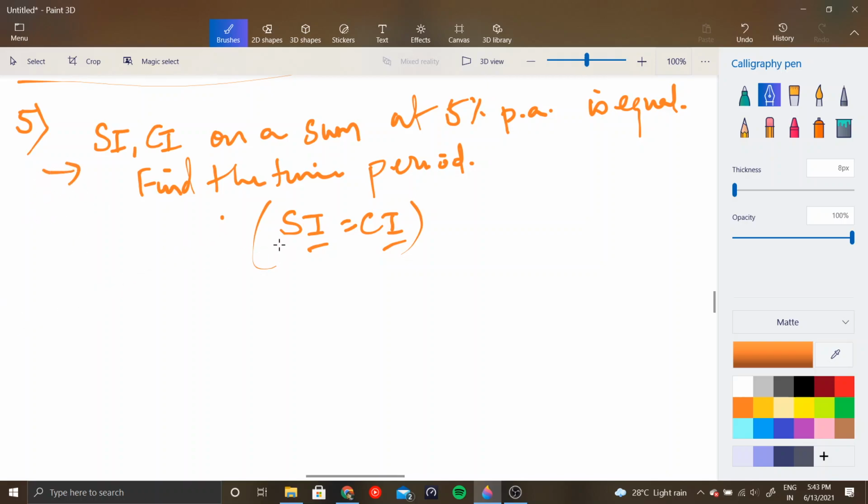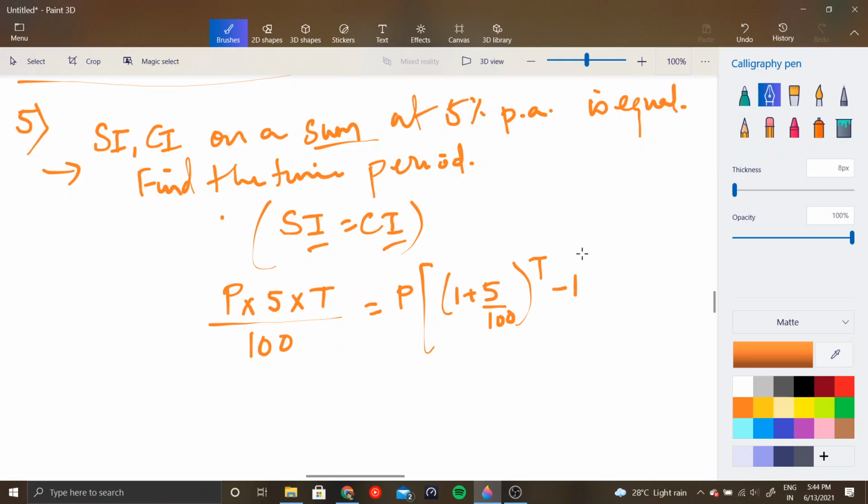So you are given a sum. The sum is not mentioned. Consider it to be P, the rate is 5 and the time, consider that to be T because you need to find the time. The simple interest is P times 5 times T by 100, and the compound interest is basically P times 1 plus 5 by 100 power T minus 1.